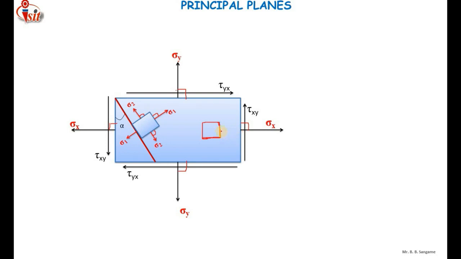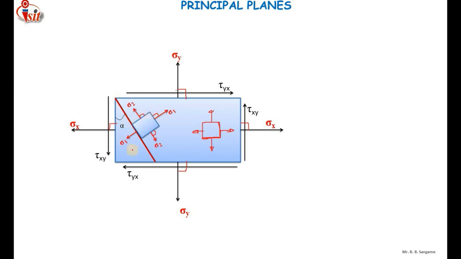On this element there will be a stress along the x-axis, sigma x, and a stress along the y-axis, sigma y. Here you can see that the magnitudes of sigma x and sigma y acting on this element will not be the same as sigma 1 and sigma 2, which act along this inclined plane, the principal plane.